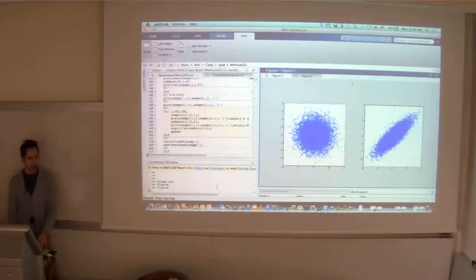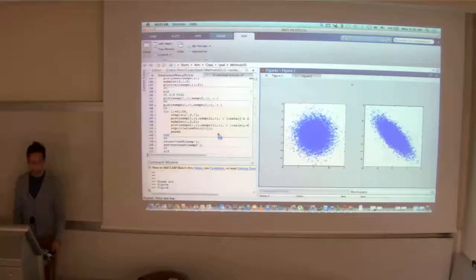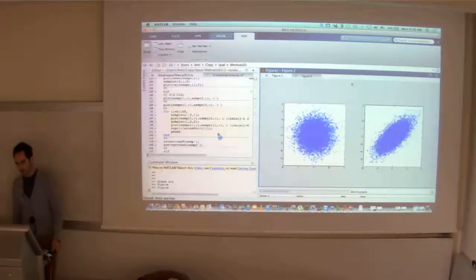Now it's 3 dots. We can see that this one still has totally no correlation, and this has some positive correlation, which is exactly the opposite of this. This is 4 points interval. This is 5 points interval. 6.